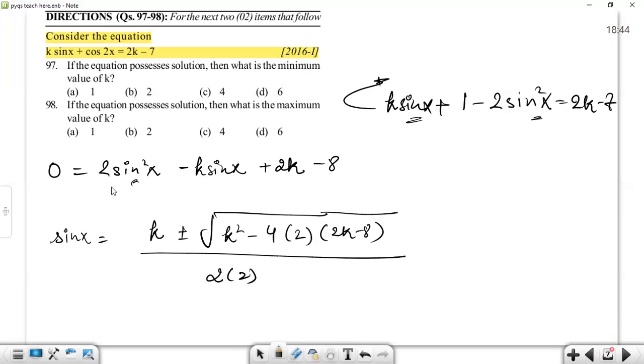This is a, this is b, this is c. So this is the sin x value. Now we have to find out the minimum value of k.